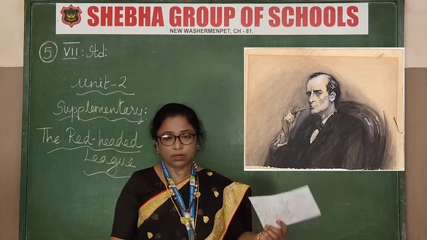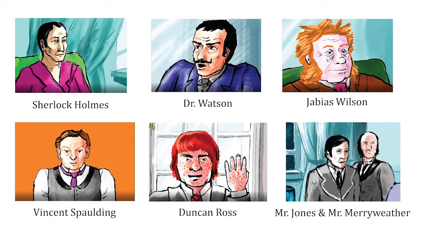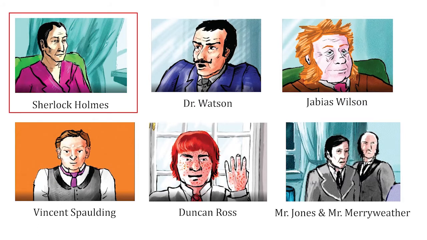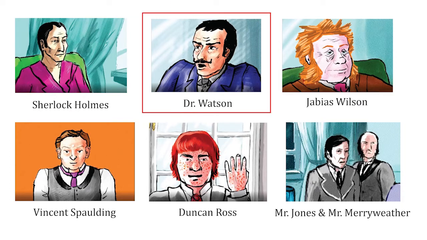Now onto the screen you will see the characters. The main character is Sherlock Holmes, a detective who solved the cases. Then Dr. Watson, his best friend, who is always with him in every novel and short story.